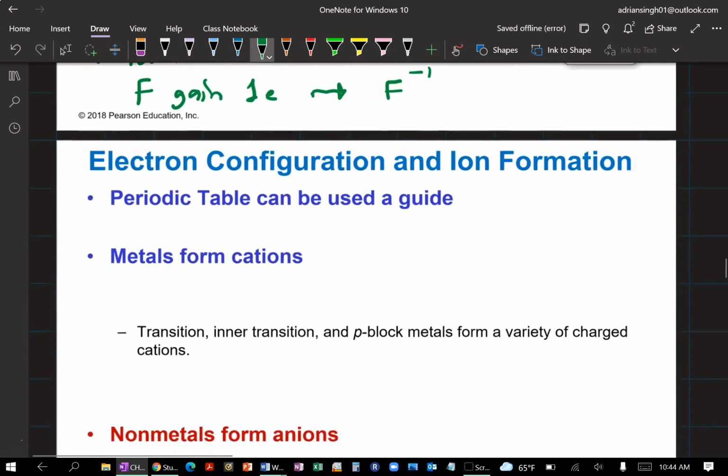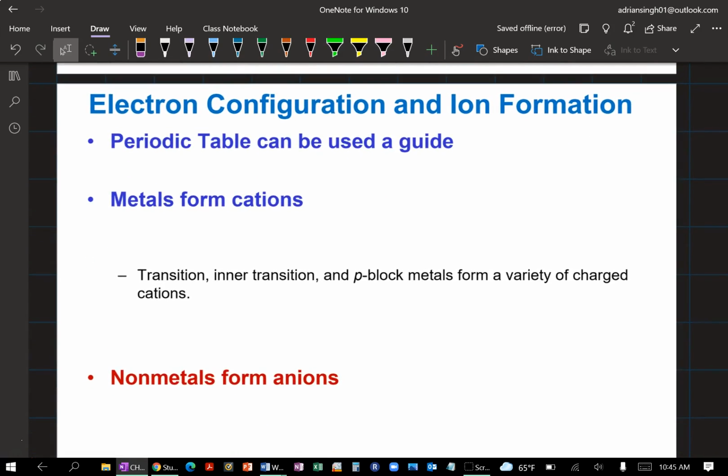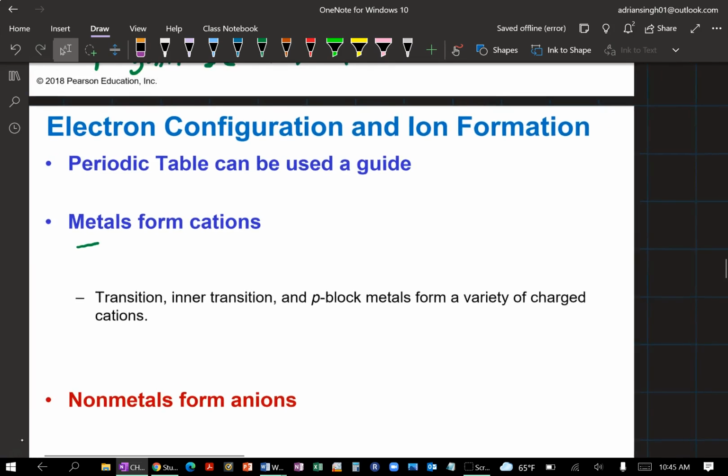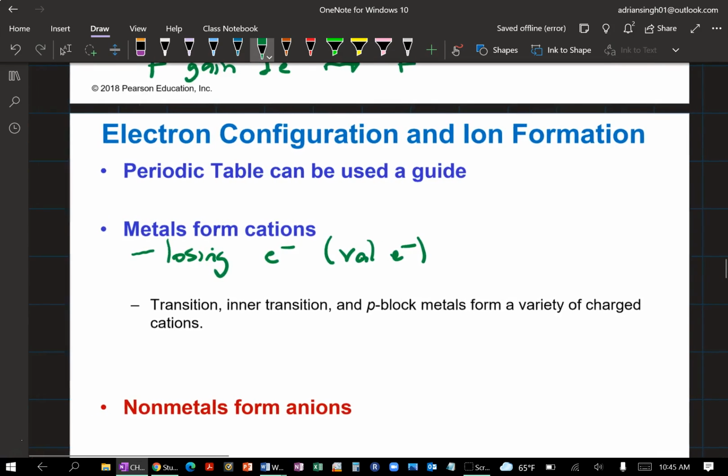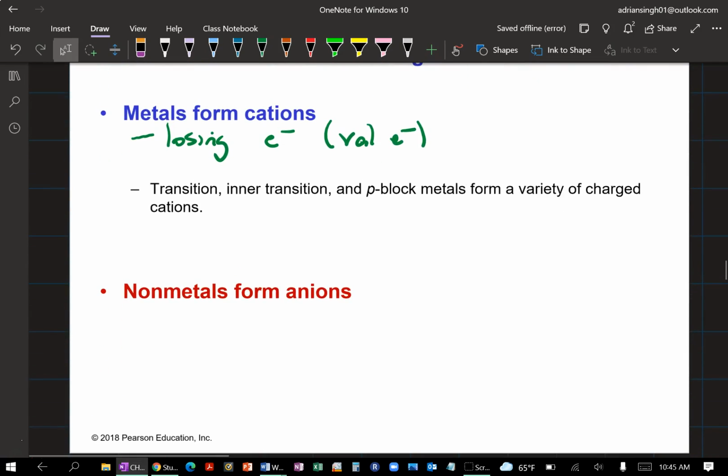So we can use our periodic table as a guide for several things. We've seen that metals form cations, and they form cations by losing electrons, specifically the valence electrons that are in their atom.